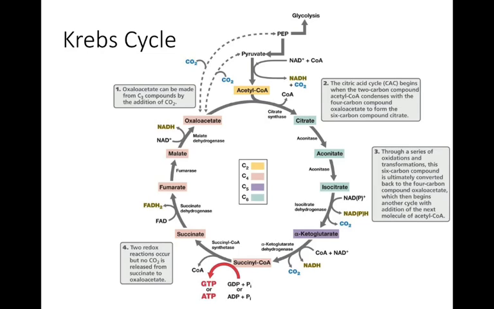So, for example, if a cell is in need of making amino acids, alpha-ketoglutarate is kind of a crux point for that. So if a cell, instead of needing to make ATP, is requiring the production of amino acids, alpha-ketoglutarate becomes a precursor to some of the amino acids. And so from this breakdown or catabolic process, we start to view the buildup of building blocks for macromolecules.